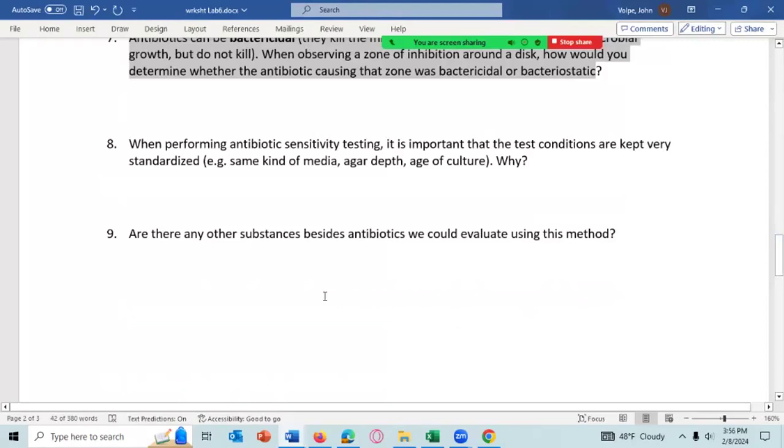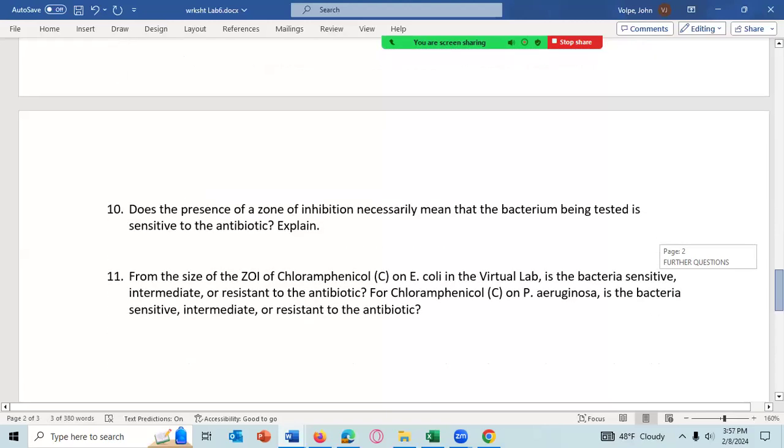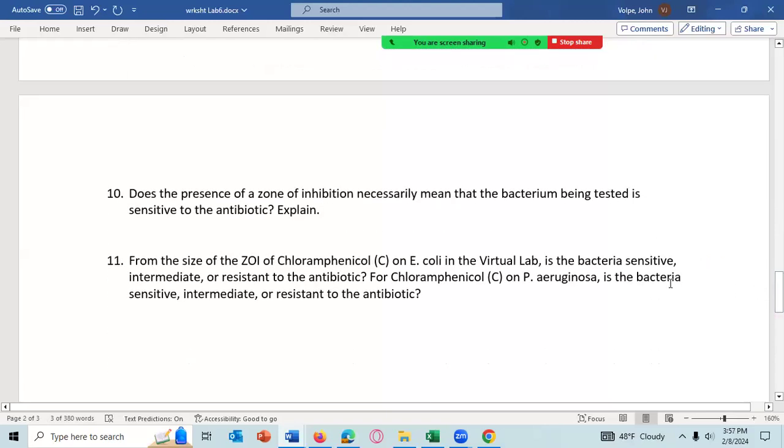9. Are there any other substances besides antibiotics we could use and evaluate using this method? Okay. This is a slightly thinking question, but this one you can look up in the lab manual. So that one's actually an easy question for most students. 10, does the presence of a zone of inhibition necessarily mean that the bacterium being tested is sensitive to the antibiotic?